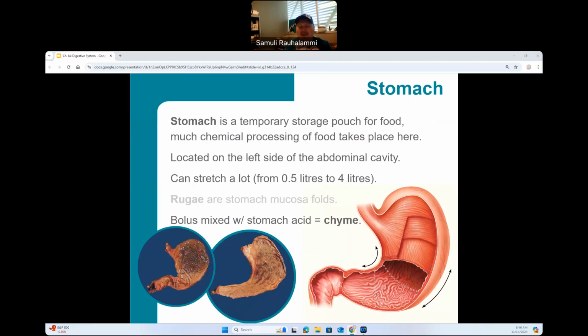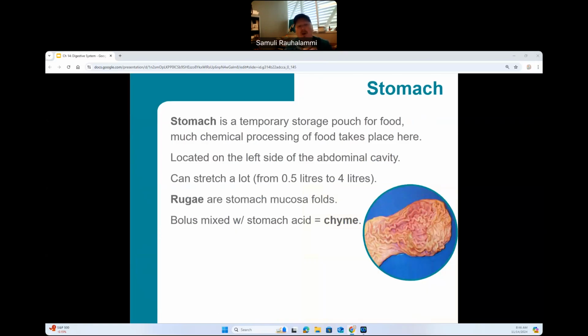I think that's about 1 gallon, the 4 liters. So the stretching of the stomach is in fact possible thanks to structures known as rugae. These rugae are folds in the inner lining of the stomach, and a definitely worthwhile characteristic to notice in terms of facilitating that stretching and shrinking of the stomach based on its needs, how full it is.